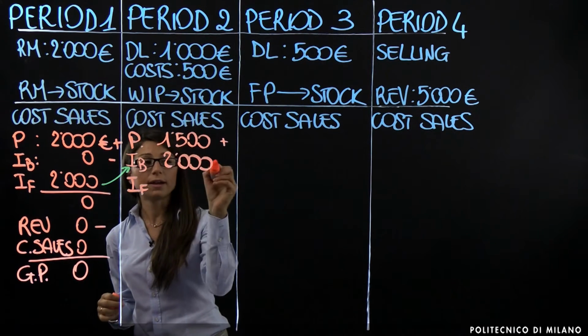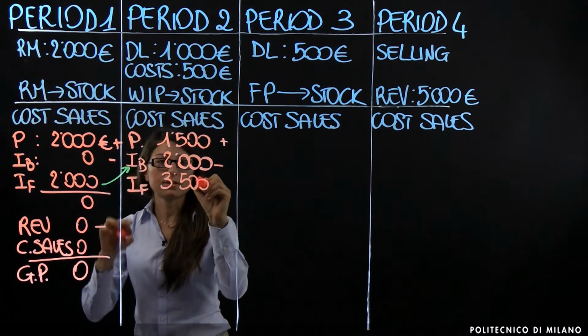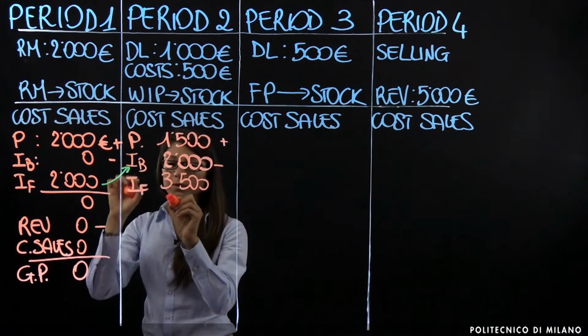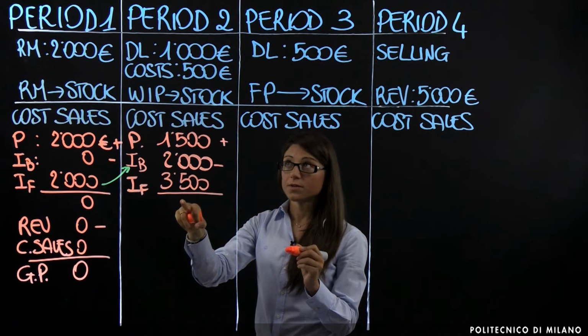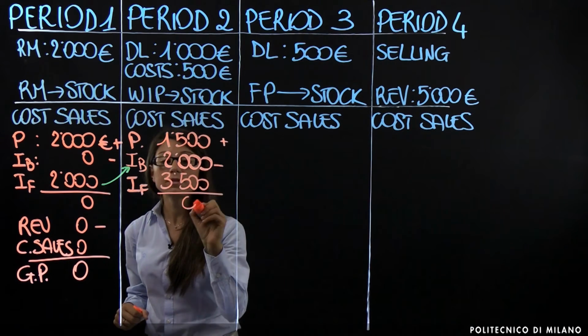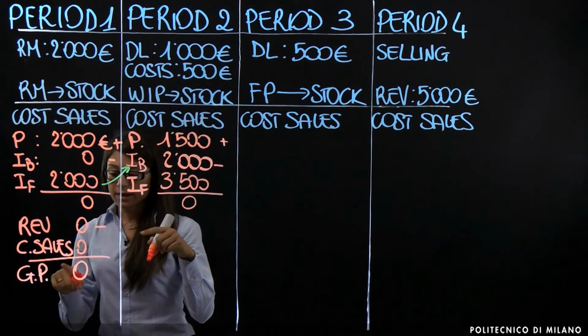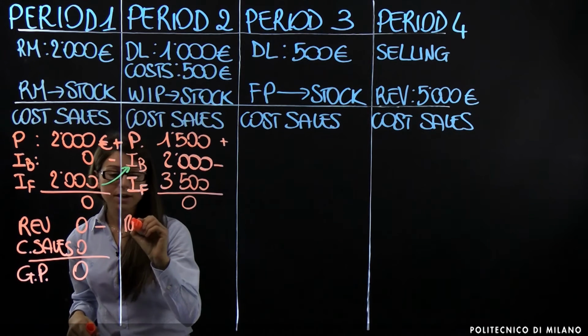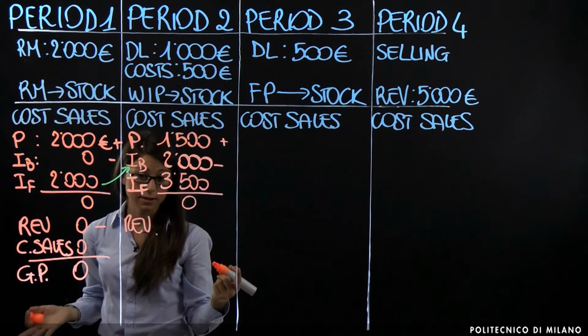So the value of the final inventories is 3,500, the sum of the resources that have been absorbed. Again, if we calculate the cost of sales at the end of period 2, this is equal again to 0. Now let's calculate again the gross profit. We have the revenue of the period, and also in this period the company is not selling its bags.